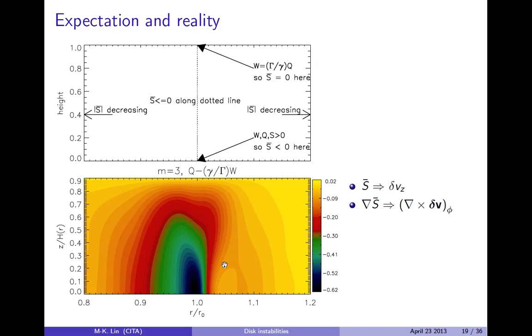That is to say, if S bar is not uniform in this plane, which is the case here, then you might get swirling or circular motion in this plane, which corresponds to generating azimuthal vorticity. So that's something we can look out for.